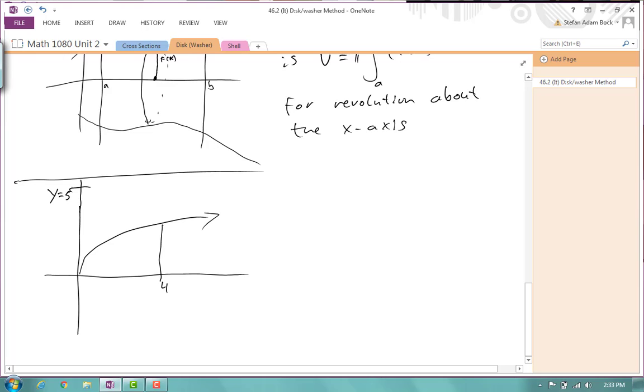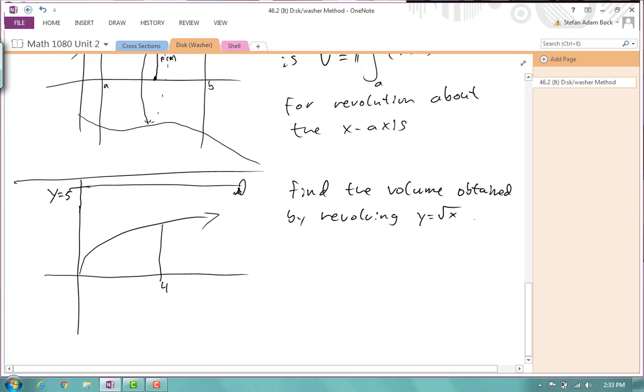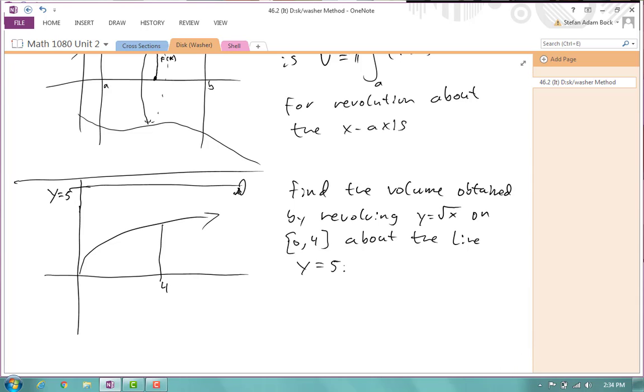That's parallel to the x-axis, but it's a little bit different. So I want to find the volume obtained by revolving y equals the square root of x on 0 to 4 about the line y equals 5. But if I do that, the distance from the axis to the curve is here.